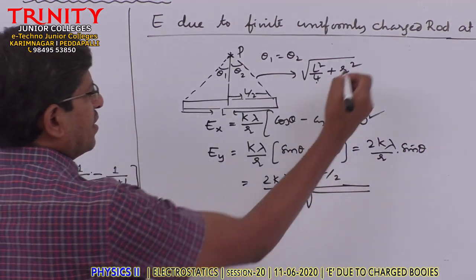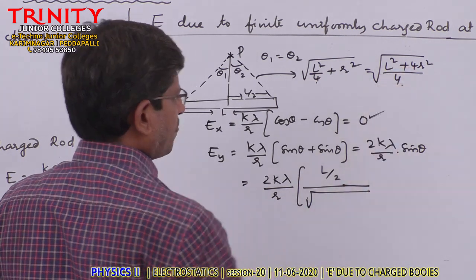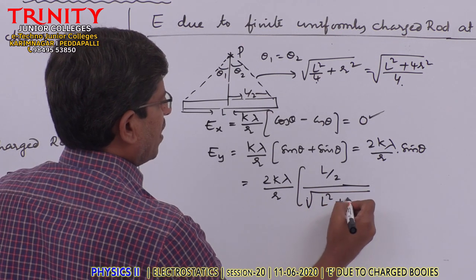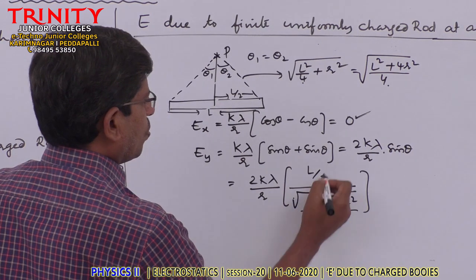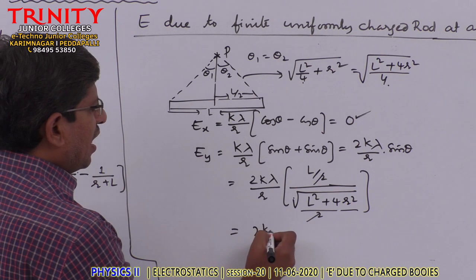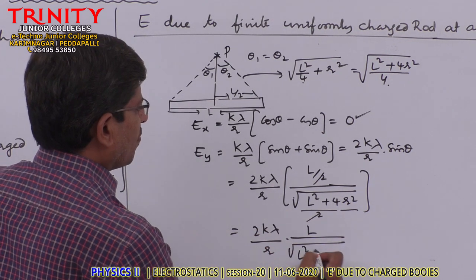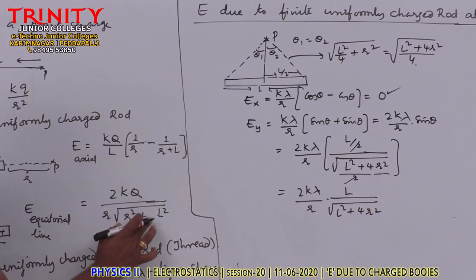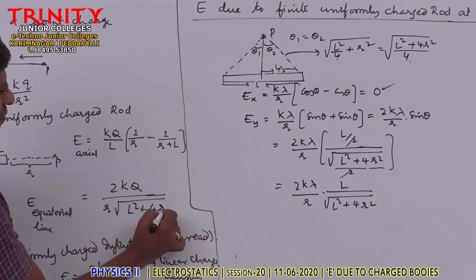So you will get L square plus 4 r square by 4, that means the square root gives L square plus 4 r square by 2. This 2 cancels out here. Then you will get 2 k lambda by r into L by the square root of L square plus 4 r square. Just a small correction here: it is the square root of L square plus 4 r square.